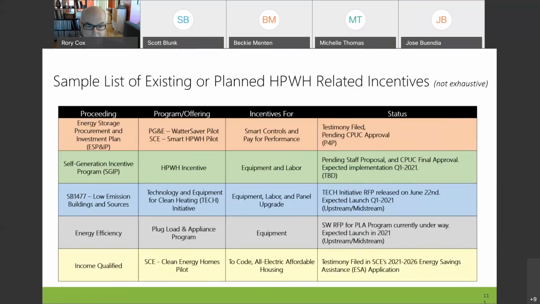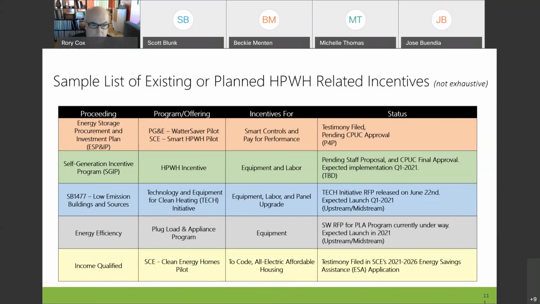So here we have a list of existing or planned heat pump water heater related incentives. As you can see, it's not exhaustive. Some of the panelists earlier demonstrated a much longer list. So this is just a real small sample, but it goes to show that there is complexity. We have programs under the ESP and IP.